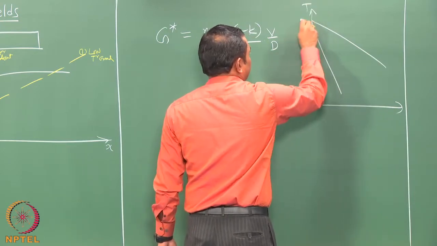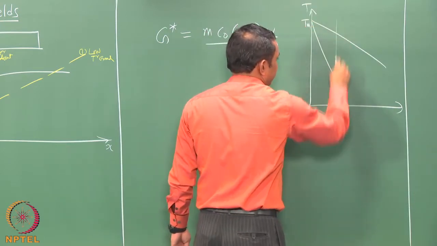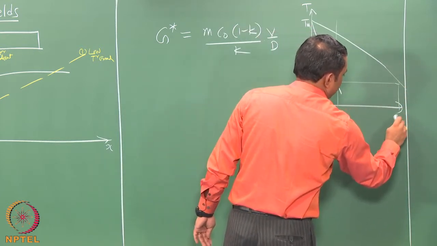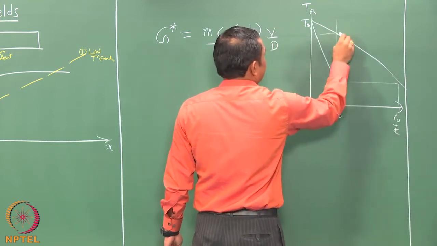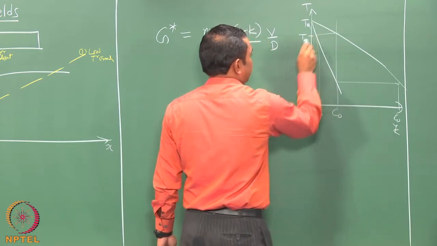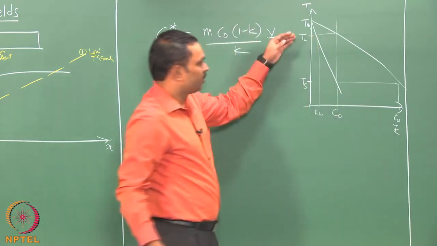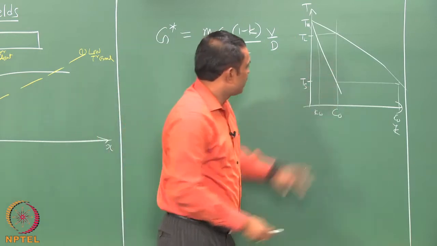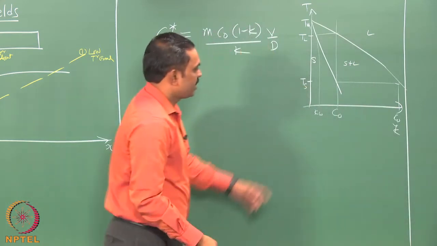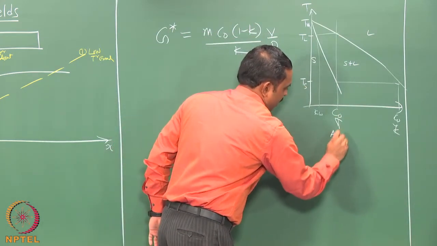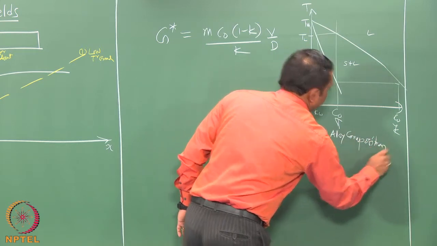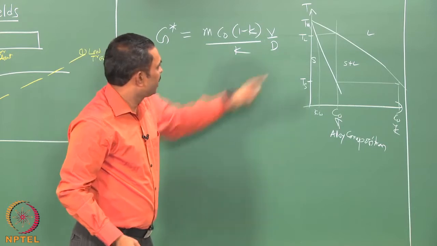This is the melting point, and if the alloy is here, then this is going to be C naught by k, and this is going to be k C naught, and this is L and this is T S, two temperatures. Let us also finish the labeling. This is the alloy composition that is being welded. We will look at this expression and see how that would change.